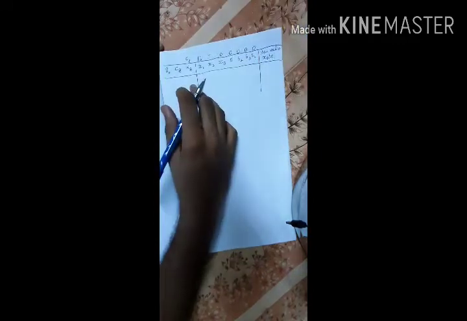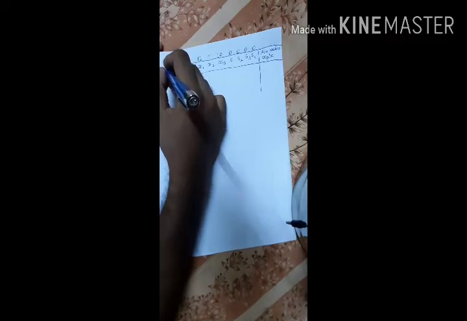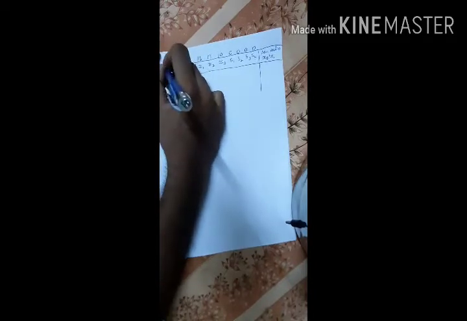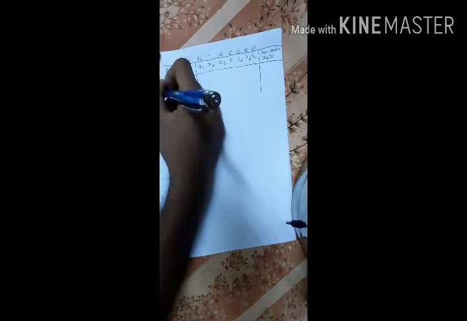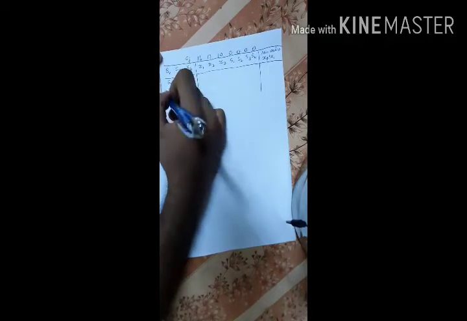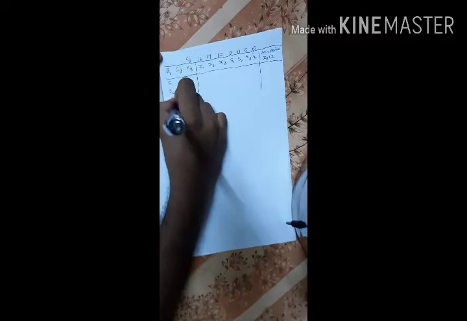Then we write the basic variables. We have 4 constraints, right? So from each constraint, we choose one basic variable. So the basic variable in the first constraint is S1, in the second constraint is S2, third constraint is S3, and fourth constraint is S4.